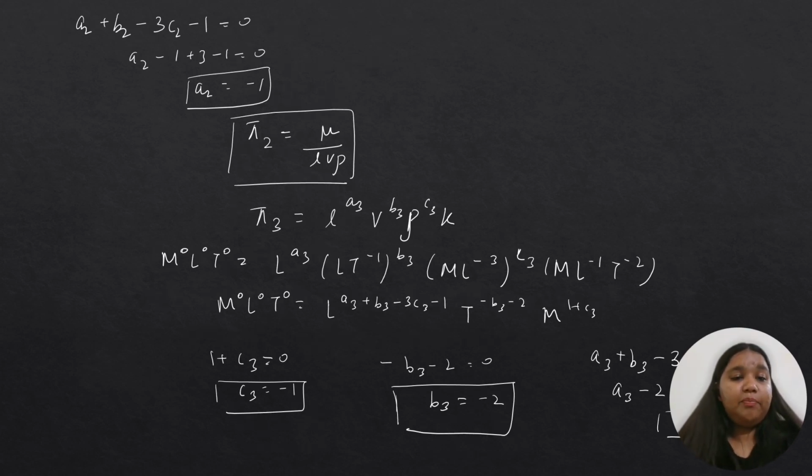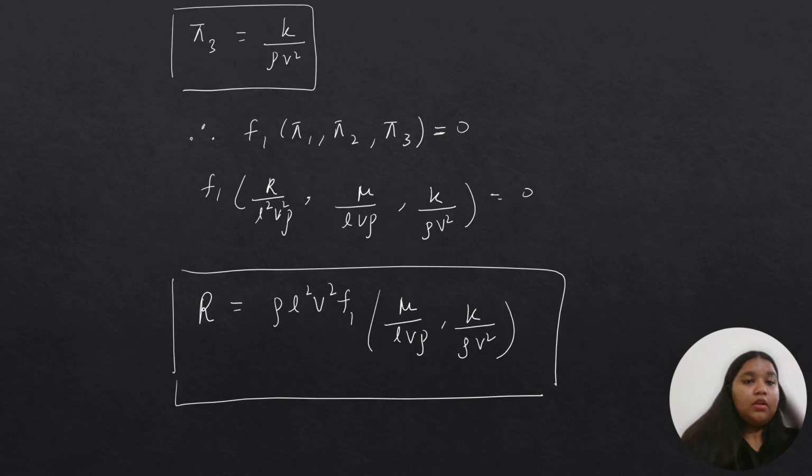Now we get pi2 as mu by L V rho. Similarly for pi3 we will write the powers as A3, B3 and C3 for each term, combine the powers, and compare them. We get pi3 as K by rho V square.